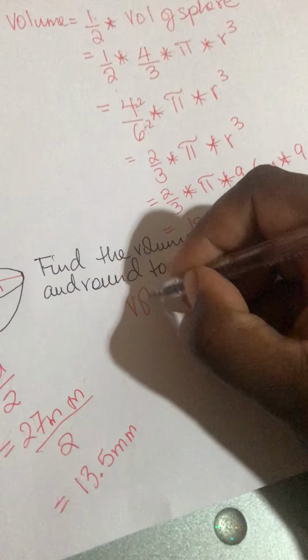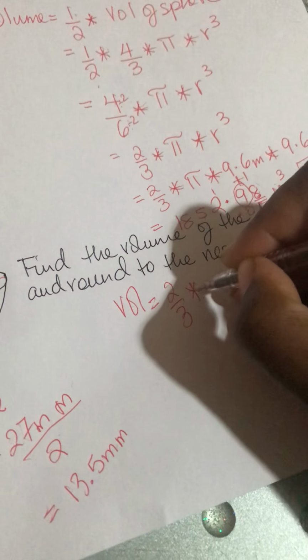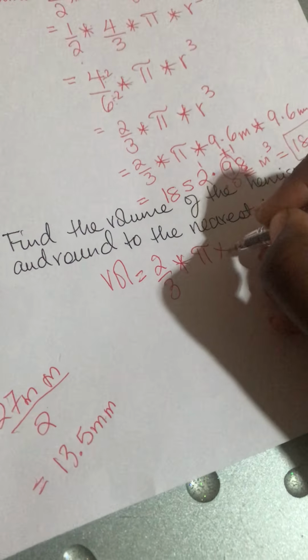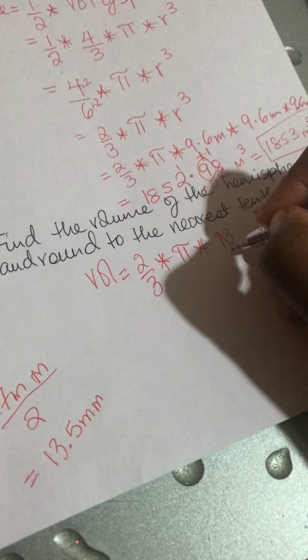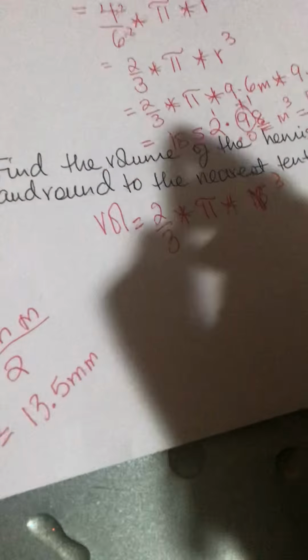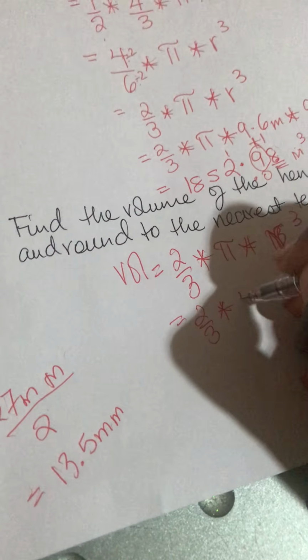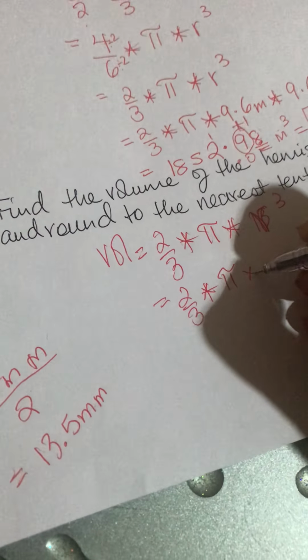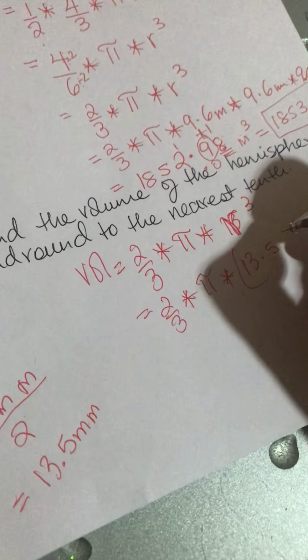So that's my radius. Then I do volume equals 2/3 times pi times radius cubed first. You write the formula. Then now you put your numbers. 2/3 times pi times 13.5. You put this in bracket and put cubed.